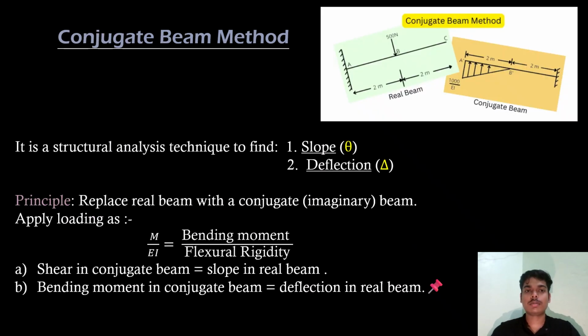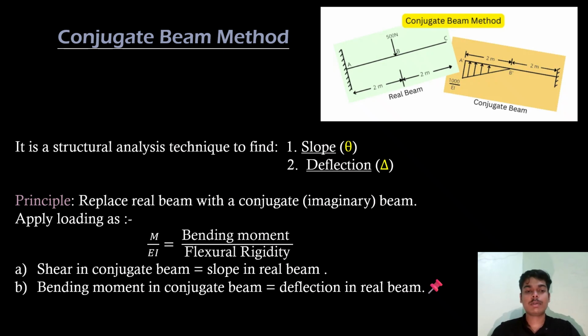Now, what is the conjugate beam method? It is a structural analysis technique to determine the slope and deflection of a beam. The principle states that it replaces the real beam with a conjugate, which means an imaginary beam, and the applied loading is M divided by EI, where E and I are constant, which is the ratio of bending moment and flexural rigidity.